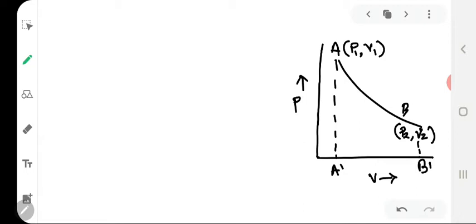So by the indicator diagram, how to find it out? Suppose that the initial state P1 and V1 and the final state P2 and V2 of the system are represented by the points A and B on the PV diagram.